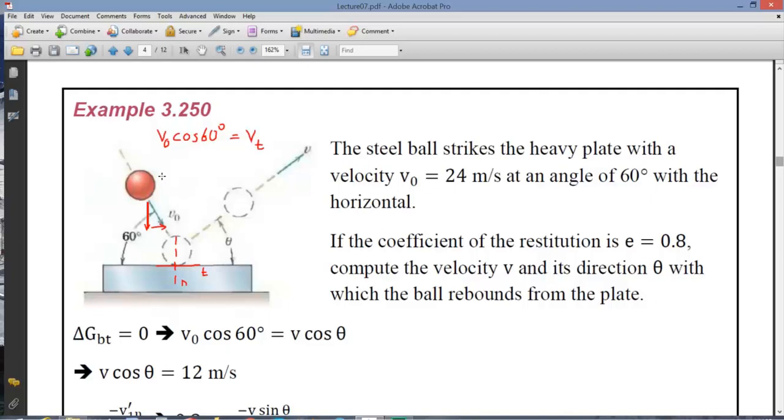The normal component of the velocity of the ball, if we define the normal component's positive direction upwards, like that, okay, this is the positive direction, then this will be in the negative direction, so it's going to have a negative sign.